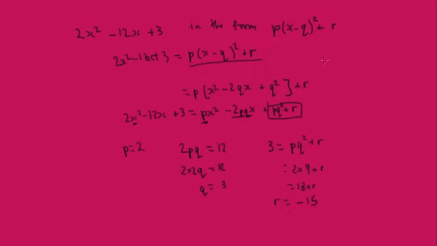So this must therefore equal p, which is 2, times x minus q, which is 3, squared, minus 15.